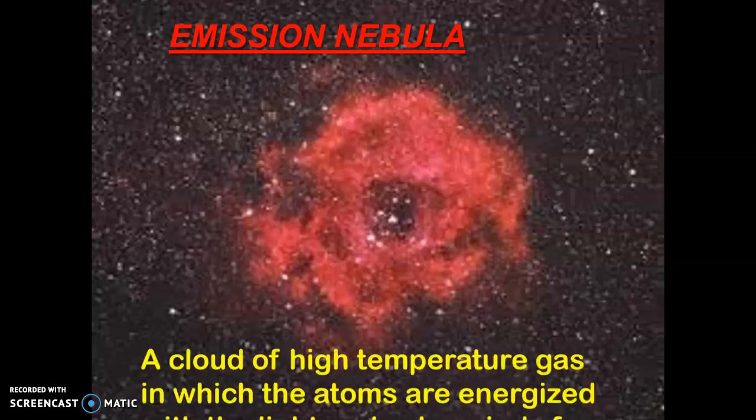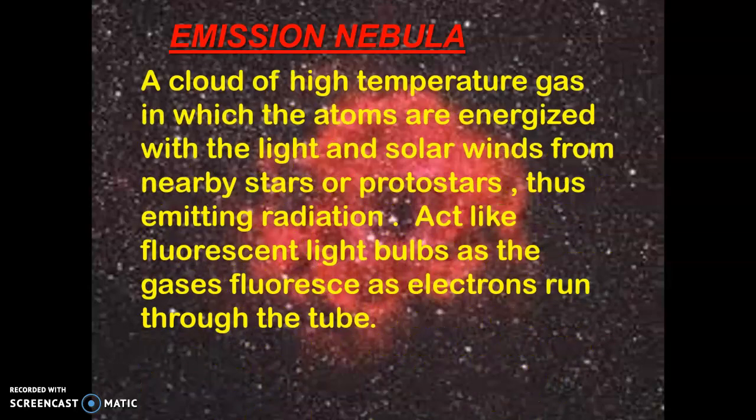So it's a cloud of high temperature gas, where the atoms are energized, and the light and solar winds from the nearby stars or protostars light it up, emitting radiation. Kind of like fluorescent light bulbs. When you turn on electricity, electrons run through the gas and they fluoresce. So that's an emission nebula.